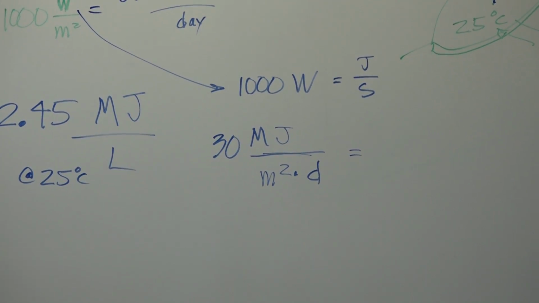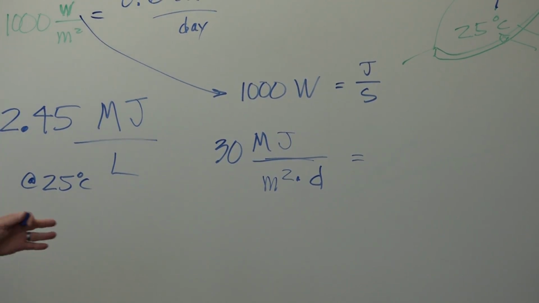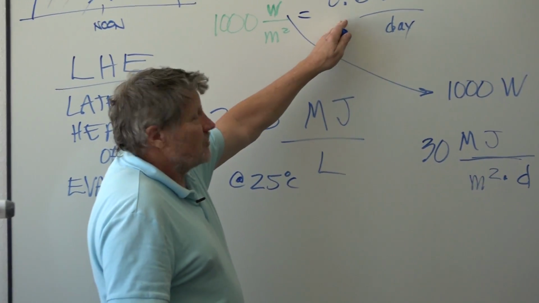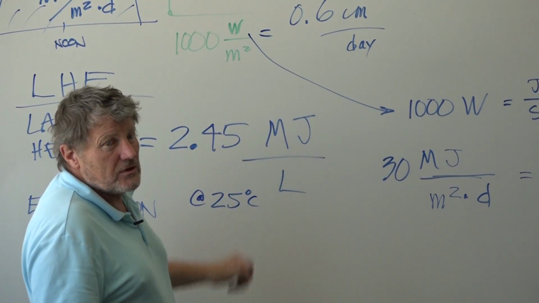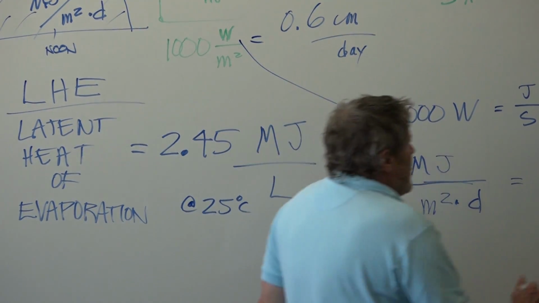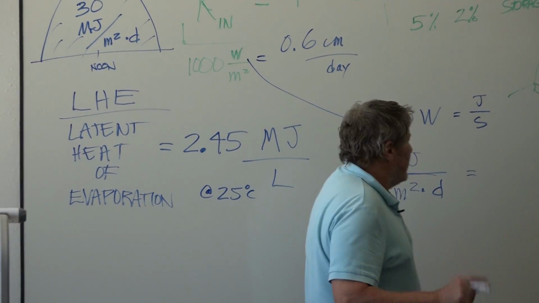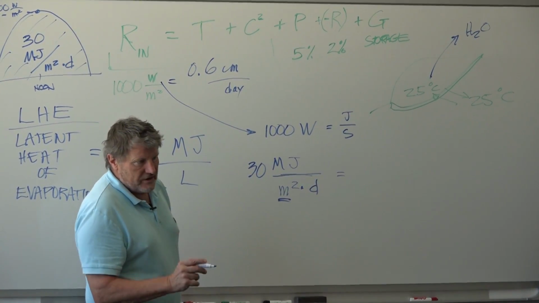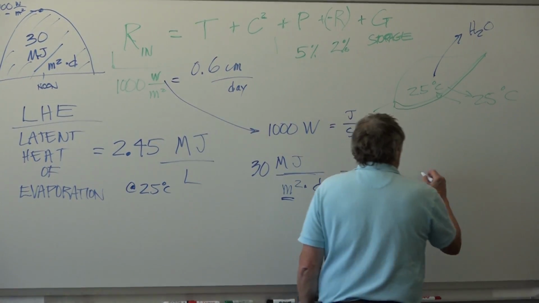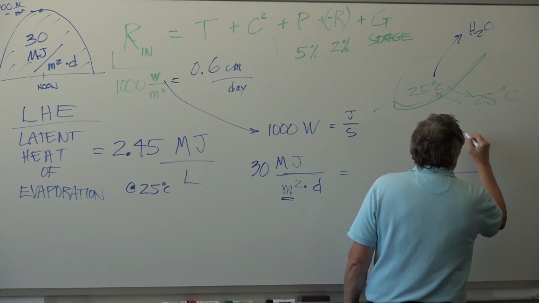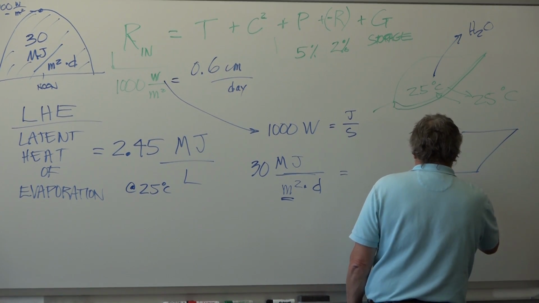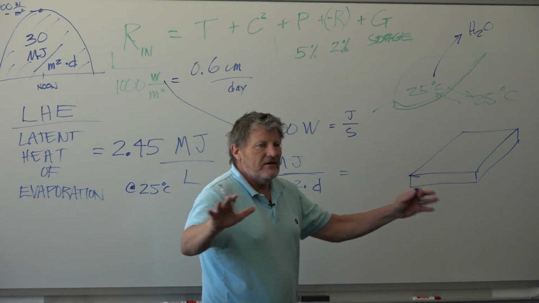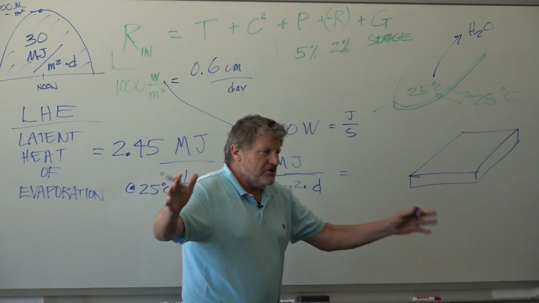0.6 centimeters of water from a pan evaporating to possibly keep this equal. Now we have to get this meters squared equal on both sides. And to do that, we're going to take a tray, a giant cookie sheet.